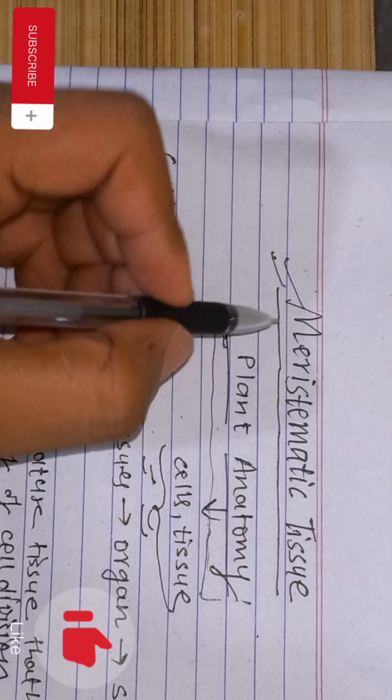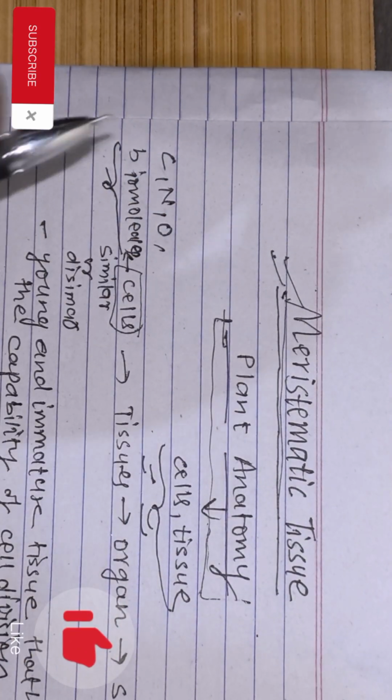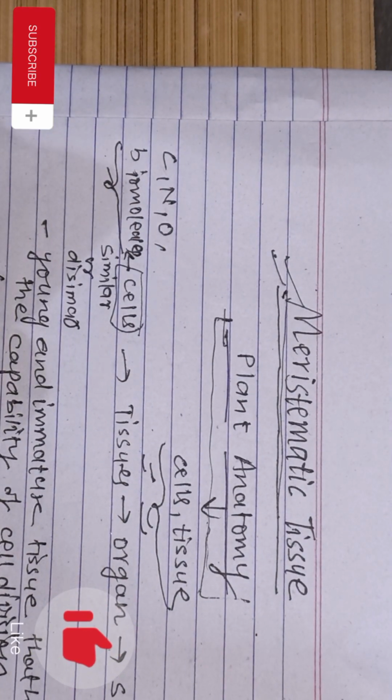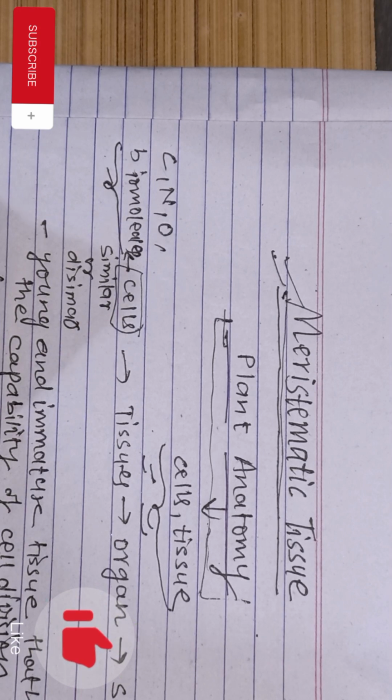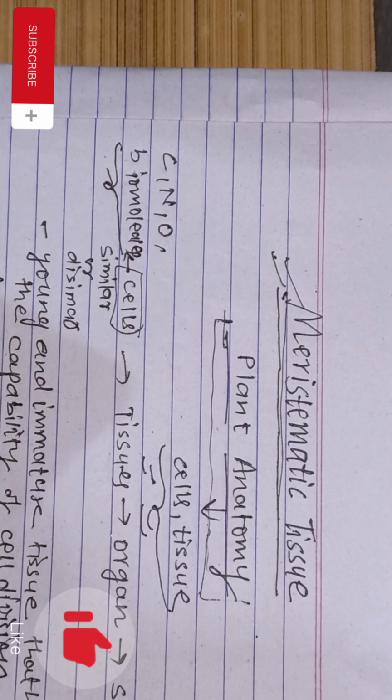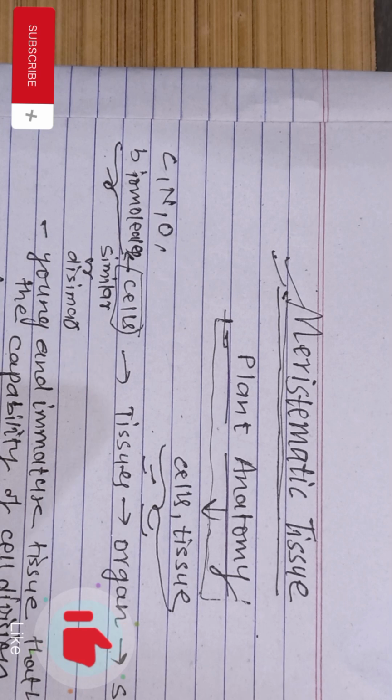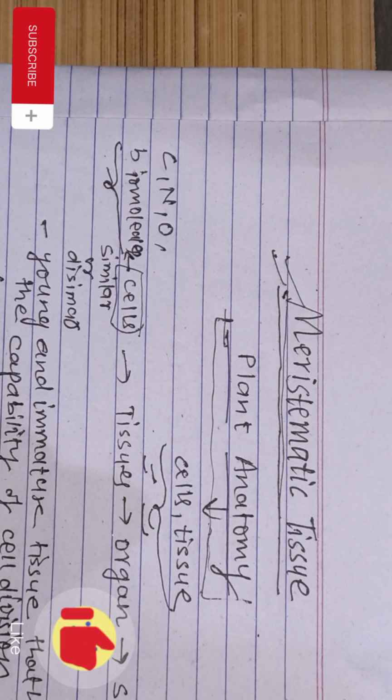The word meristematic is derived from the Greek word merion. This merion refers to divide.